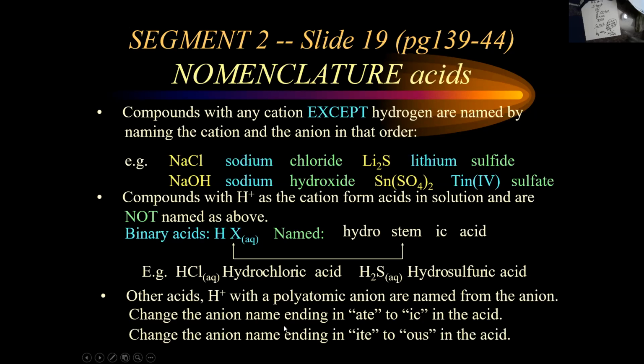If it's ITE, you change that ITE to OUS and add the word acid, and that gives you the name of the compound. So naming again is going to be easy. All 31 of those polyatomic ions either end in ATE or ITE. If they end in ATE, the acid is going to be the ic acid. If they are ending in ITE, the naming is going to be the ous acid.